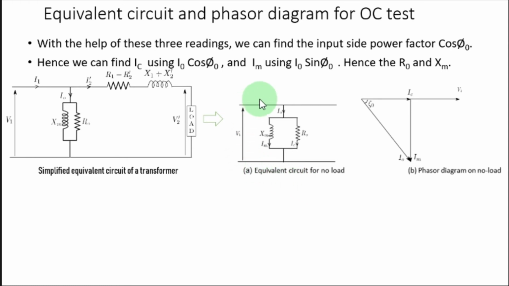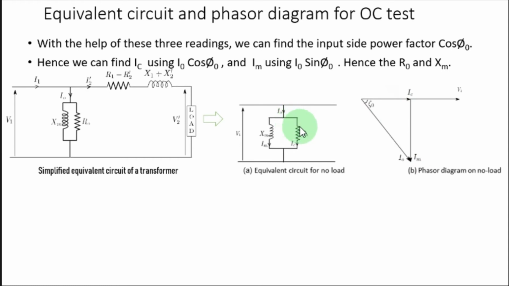So now the equivalent circuit for no load will be like this, because this part is going away as there is no load, and then this I naught is represented by this arrow here, which is the sum of IC plus IM, right?